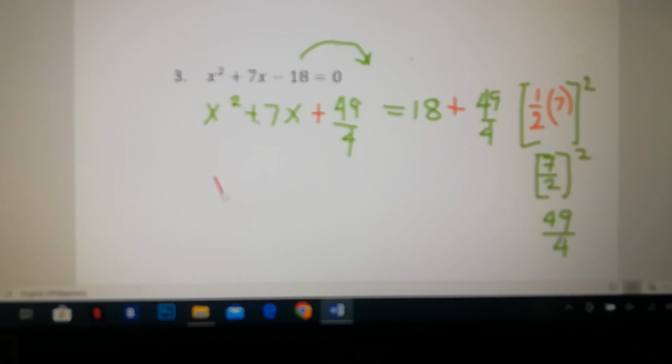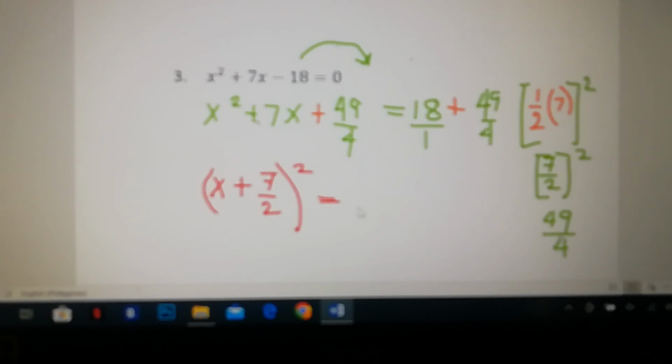Square root of x squared is equal to x. The middle term is plus, so plus. Square root of 49 over 4 is equal to 7 over 2, squared, is equal to. Since the right side are not similar fractions, you change first the fractions into similar fractions having a denominator of 4. Since 18 is a whole number, the denominator is 1.